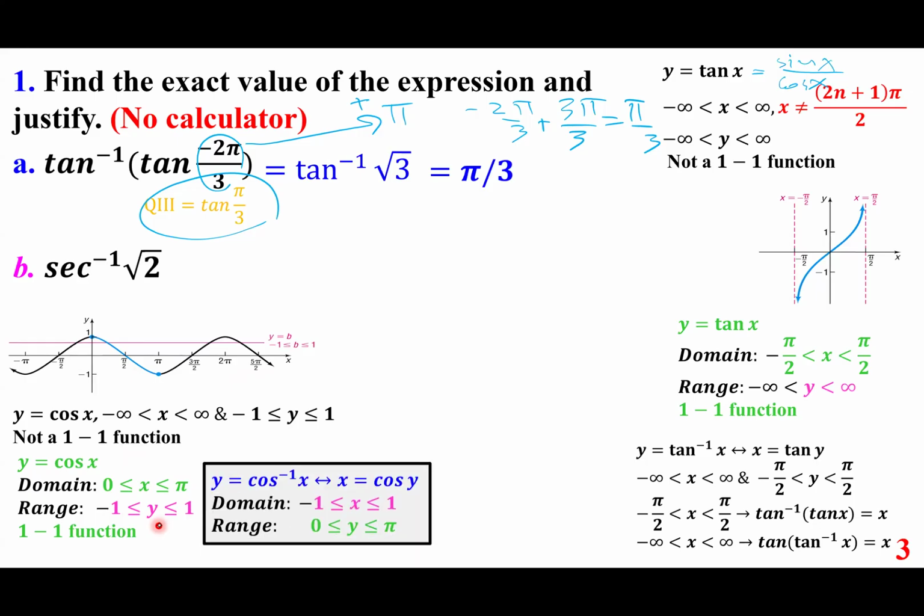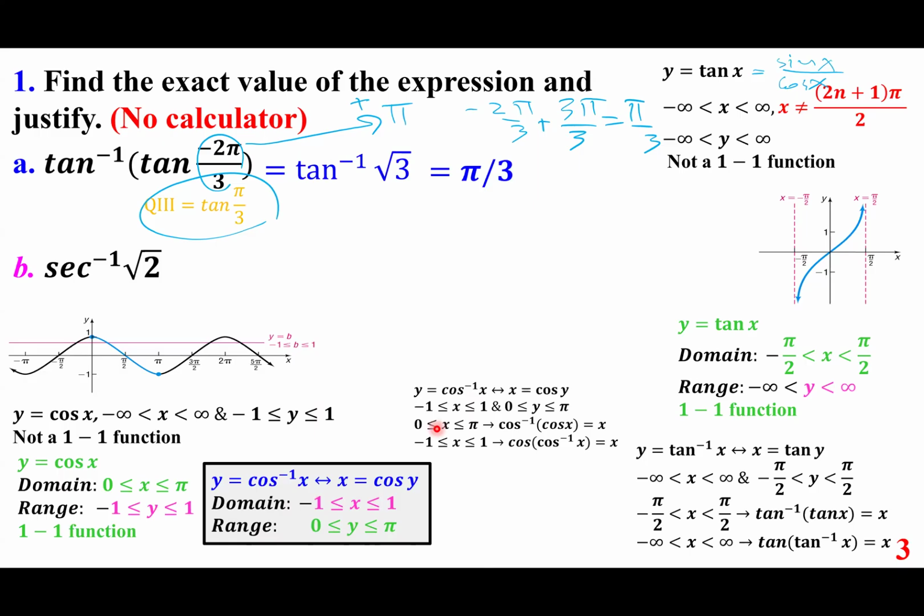Therefore, we write y equals cosine inverse x means x equals cosine y. Domain, x is between negative 1 and 1, range, the restriction that we gave to this one, 0 to pi. Therefore, when y equals cosine inverse of x, x is cosine y. When x is between negative 1 and 1, y is between 0 and pi.